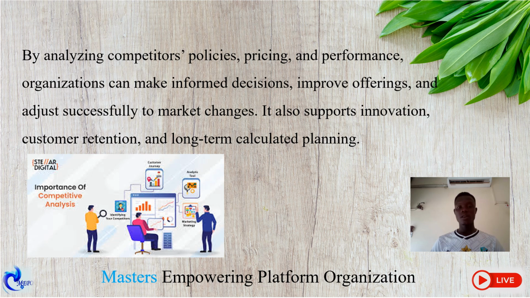By analyzing competitors' policy, pricing, and performance, organizations can make informed decisions, improve offerings, and adjust successfully to market changes.